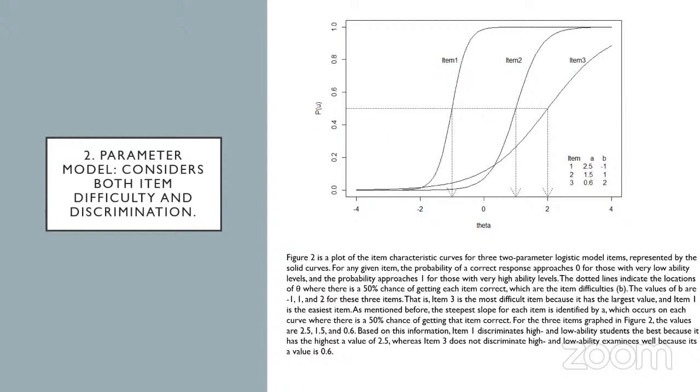When it crosses 0, then it improves better. But item 1 is less difficult, because in item 1 you will find that the score is below 0 and the students perform 50%.